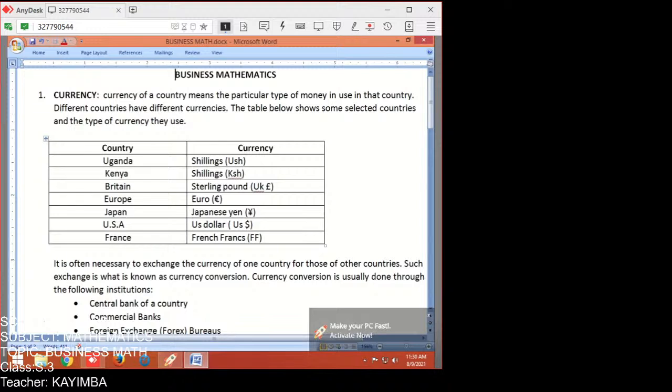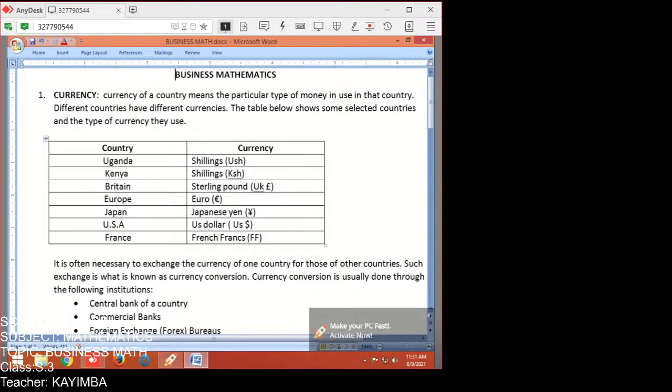Then the first country is of course Uganda. Our currency is in shillings, that is the Ugandan shillings. Then we have Kenya, whose currency is in Kenyan shillings. We have Britain. They have what we call pound sterling, and the symbol is there as you can see it in the bracket. Now the other one is Europe.